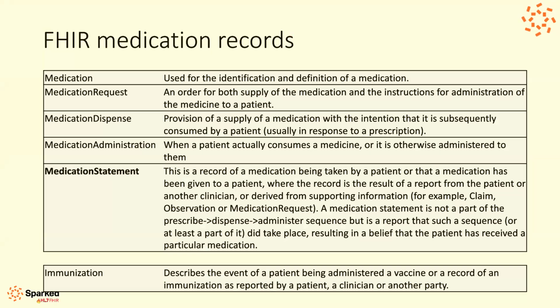There's the medication resource itself, which is really about recording details of a medication. So it's not a particular use, it's essentially the identification of a medication, and that's usually the code and forms and things like that about the medication. So when you want to describe that fully, the medication resource is a good way to do that.